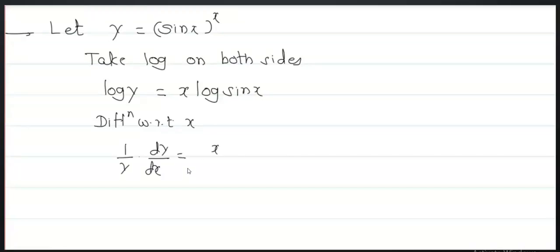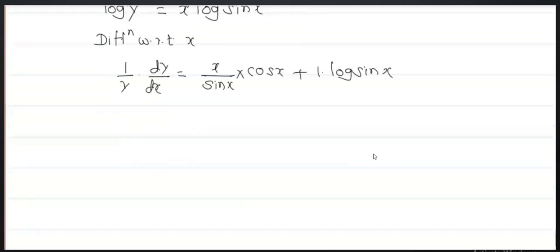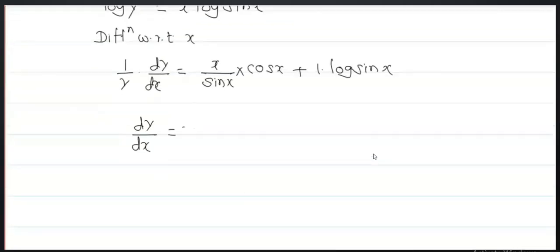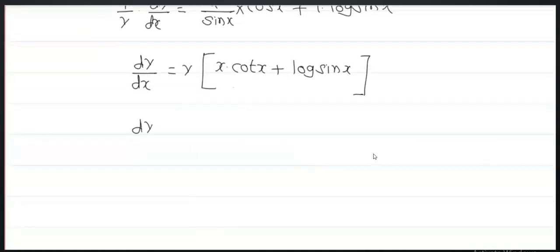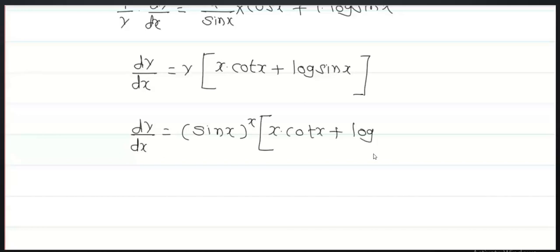Apply the product rule. x into derivative of log of sin x is 1 upon sin x into derivative of sin x is cos x, plus derivative of x is 1 times log of sin x, and that's why dy by dx is equal to y into in bracket x cot of x plus log of sin x. Therefore, dy by dx is equal to sin of x whole bracket raised to x in bracket x cot x plus log of sin x.